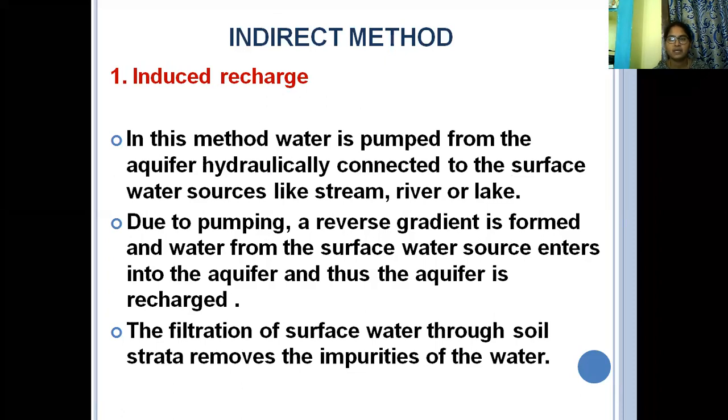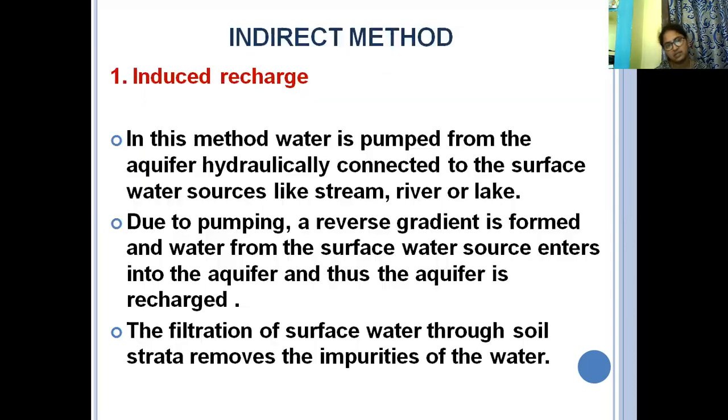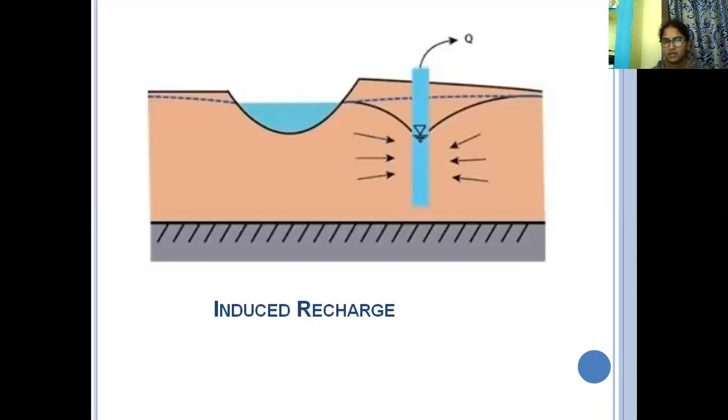Due to pumping, a reverse gradient is formed and water from the surface water source enters into the aquifer, and thus the aquifer is recharged. This figure shows the induced recharge, with the aquifer hydraulically connected to the surface water source like a stream, river or lake.